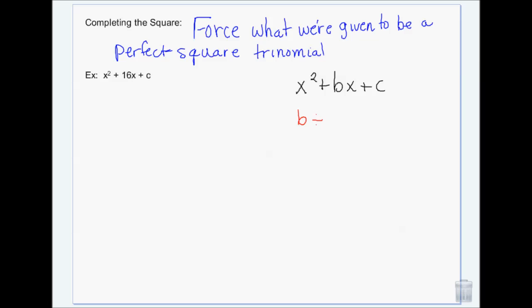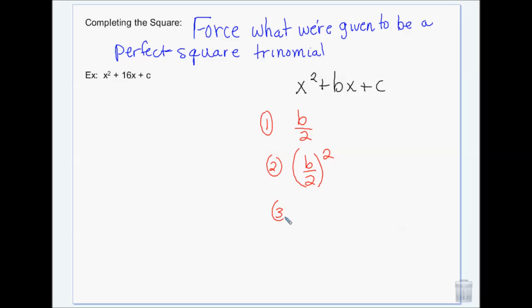We take B and we divide it by 2. So step 1 is B divided by 2. Step 2 is whatever answer we got, we're going to square it. So B divided by 2, whatever number that is, you then square it.